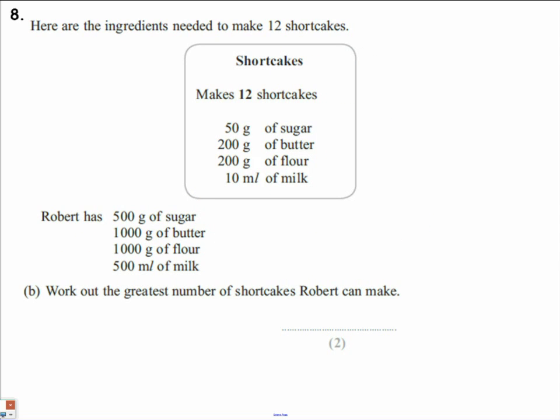Question 8b, the same ingredients, but Robert has various ingredients and we need to work out the greatest number of shortcakes we can make. So what we're looking for is the lowest of our factors on sugar, butter, flour and milk. So for example, sugar goes from 50 to 500 grams. So to get from 50 to 500, 500 divided by 50 tells us we have a scale factor of 10.